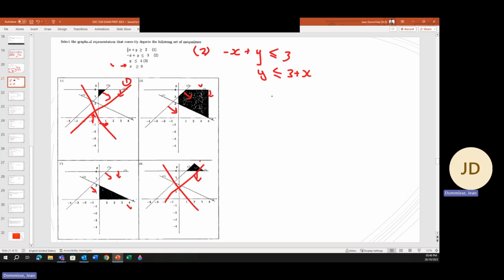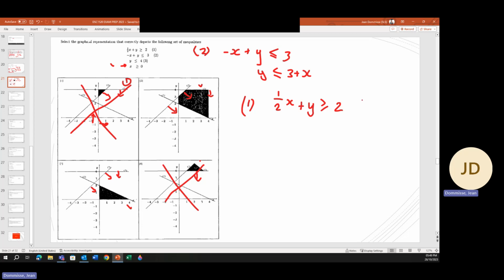And then the last one is formula 1. I left it to last because of the fraction, because I don't really want to work with a fraction, but let's first get rid of the fraction.